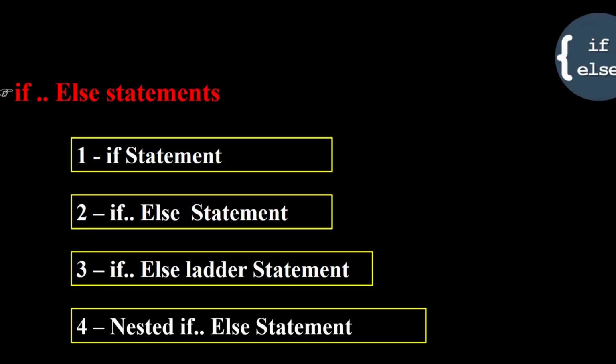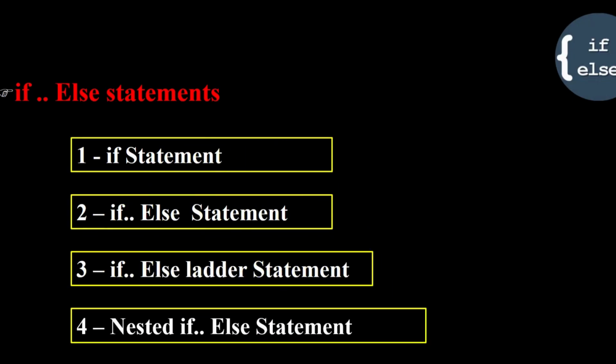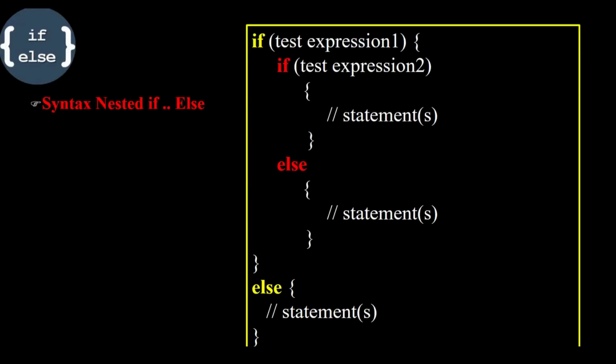The last type that we will learn together is the nested if-else statement. The idea of this nested if-else is to include an if-else statement inside another if-else statement. So as you can see here, we have the first test expression. If test expression 1 is validated as true, the compiler will execute the code of the nested if-else.